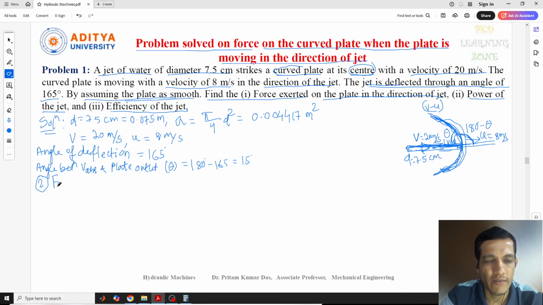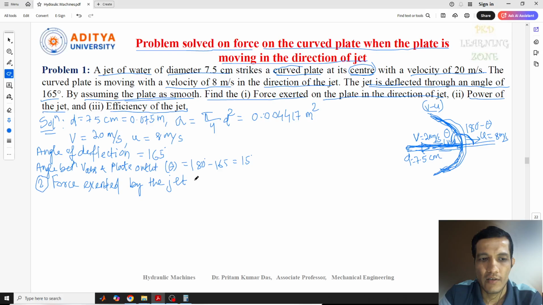The first point is given: the force exerted by the jet on the plate in the direction of the jet. I'll write Fx.